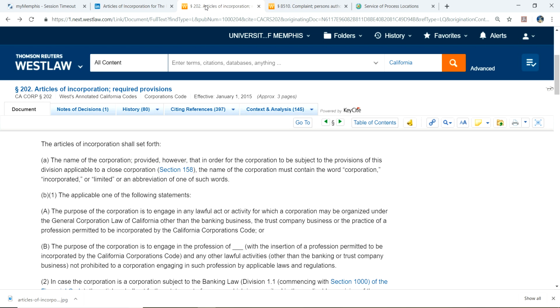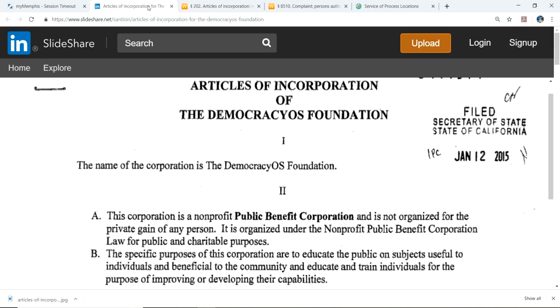Let's go back to the Articles of Incorporation, and hopefully I'll be able to explain these sections for you. We see the Articles of Incorporation here for Democracy OS Foundation was filed with the state. It does clearly give the name of the corporation. The corporation is a nonprofit public benefits corporation that is not organized for the private gain of a single person.